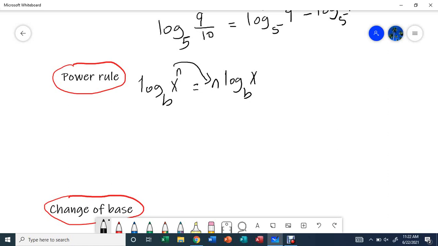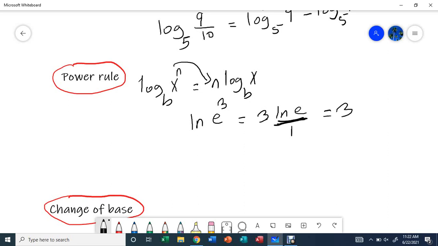For example, what's natural log of e to the third power? Using the rule, pull 3 in front and do natural log of e. And remember what's log of e? That's the rule of the base. Natural log is log base e of e, which is just 1 here. So we get 3.